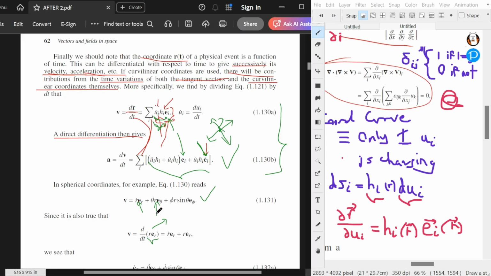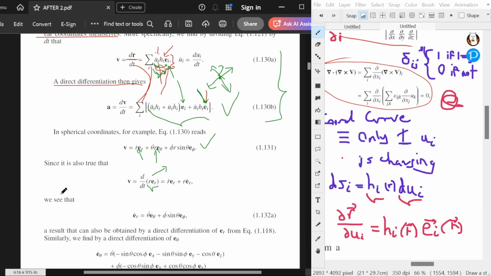Even if it's a unit vector, it's still a product with the magnitude. So r dot e_r plus r e dot r. We see that e dot r equals theta dot e_theta plus phi dot sine theta e_phi.